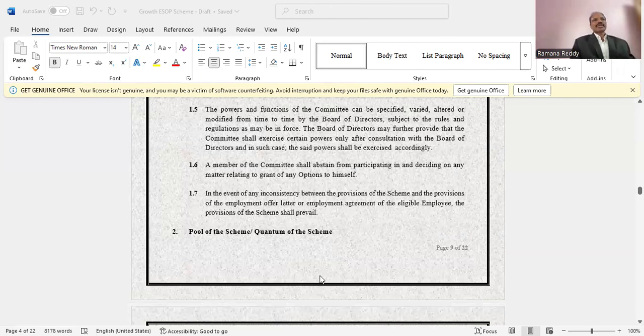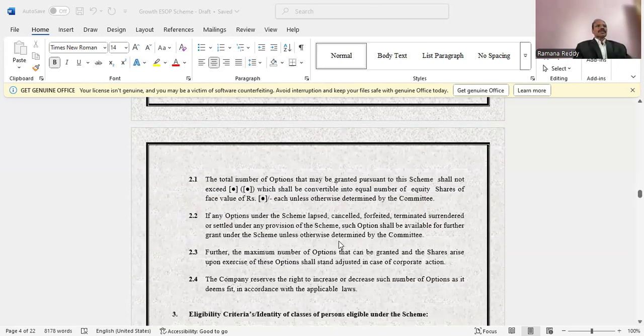Now we will discuss the pool of the scheme, that is the quantum of the scheme. So the total number of options that may be granted pursuant to this scheme shall not exceed, and we'll give the number, which shall be convertible into an equal number of equity shares of face value of dash, face value for your company, whether it is 10 rupees or 100 rupees, unless otherwise determined by the committee.